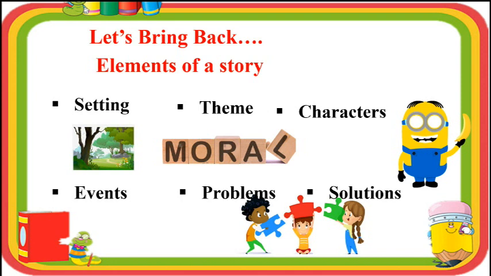We learned elements of a story: setting, theme, characters, events, problems, and solutions. And also we learned to identify the beginning, middle, and the end of a story. Also we learned that a story goes in a sequence or in order to make sense.